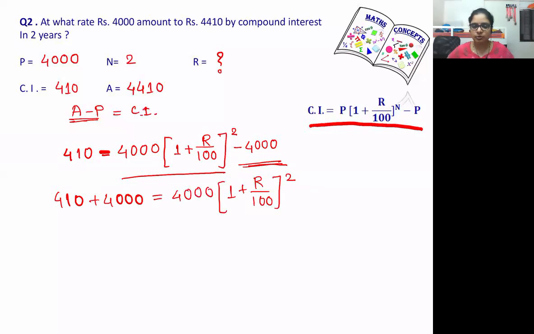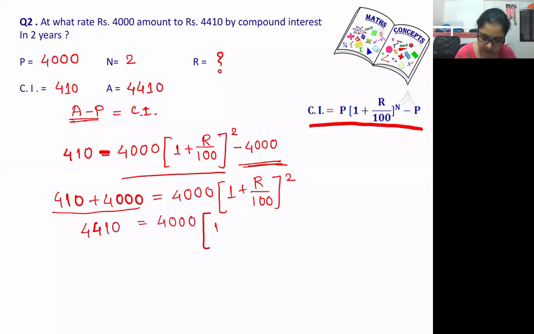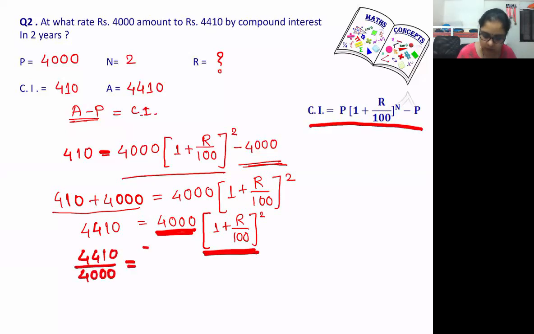Did everyone understand up to this step? Now how much is 4000 plus 410? 4410 equal to 4000 into the same thing, 1 plus r upon 100 whole square. Now here we are multiplying this 4000 by this, so we will bring 4000 to the left hand side. 4410 upon 4000 is equal to 1 plus r upon 100 whole square.